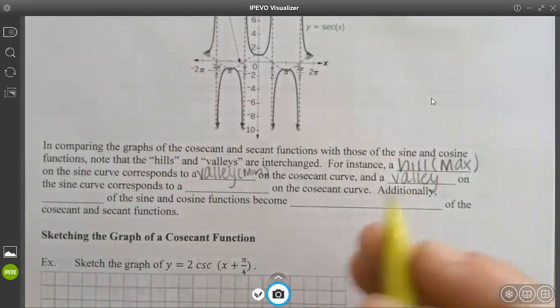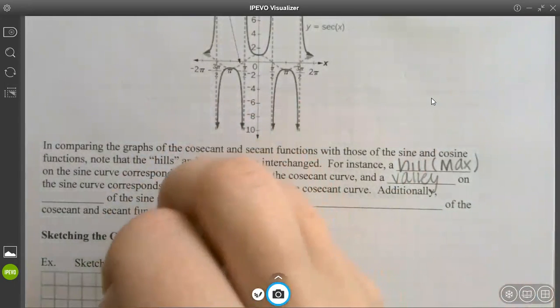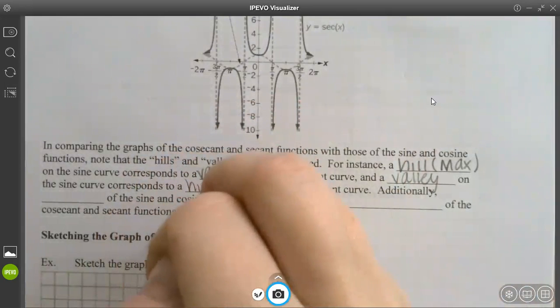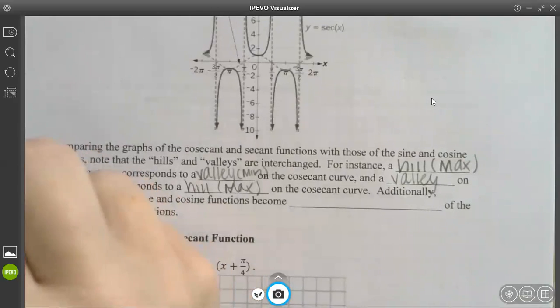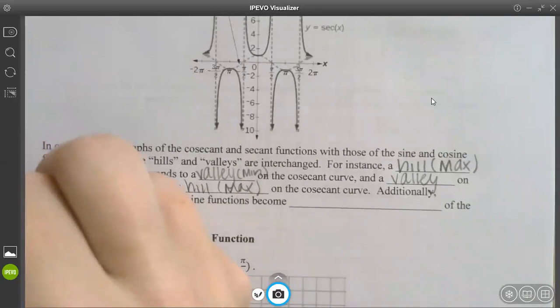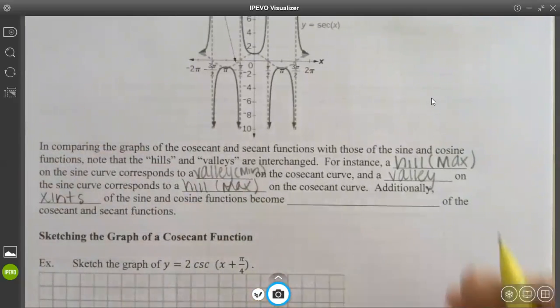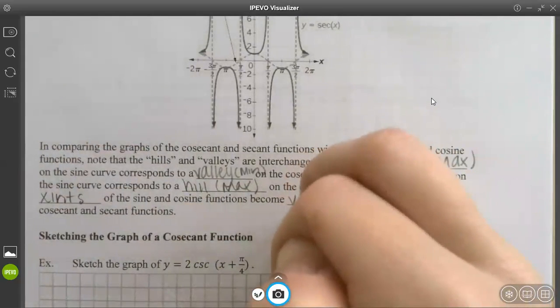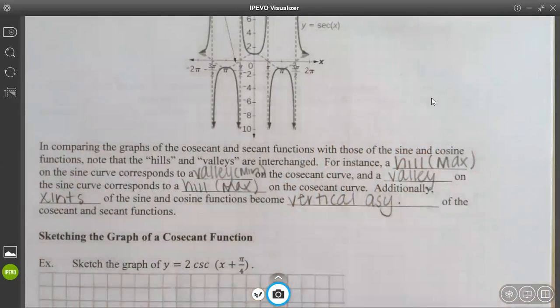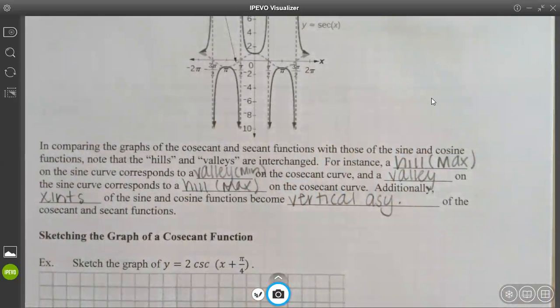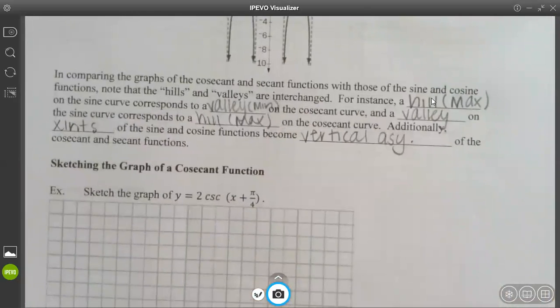And a valley on the sine curve corresponds to a hill or a max on the cosecant curve. Additionally, x-intercepts of the sine and cosine functions become vertical asymptotes of the cosecant and secant functions. Again, because they become reciprocal, so 0 becomes the bottom number.